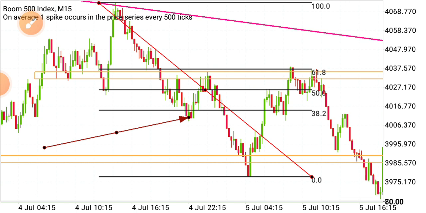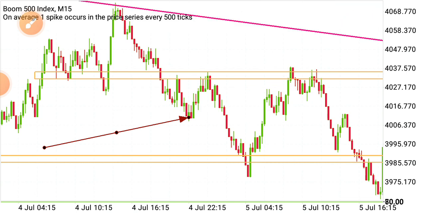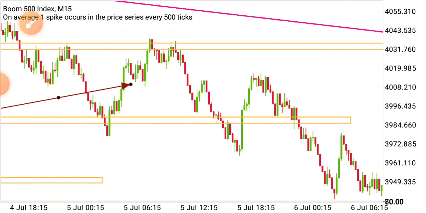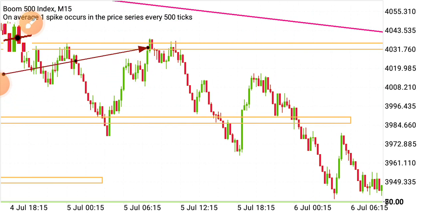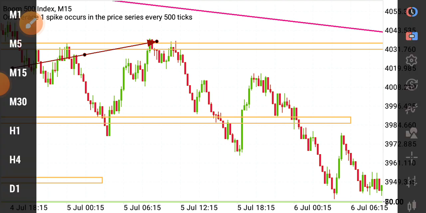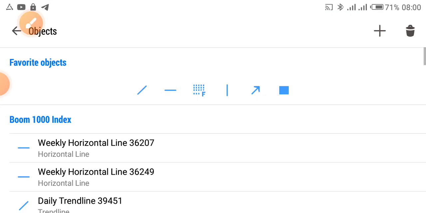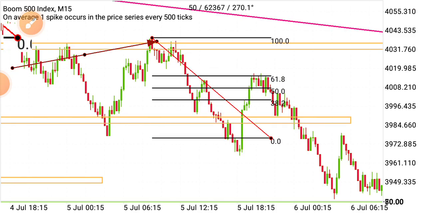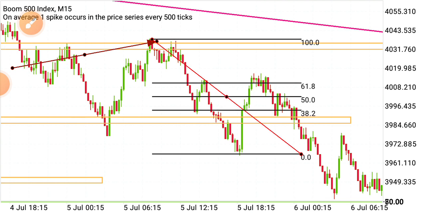All right, so let's check for another opportunity that came out, and I also made some good money with it. Now this has become a level in the market. This has become another high. So since it has become another high, I'll bring on my retracement tool again, pull it down to this level.